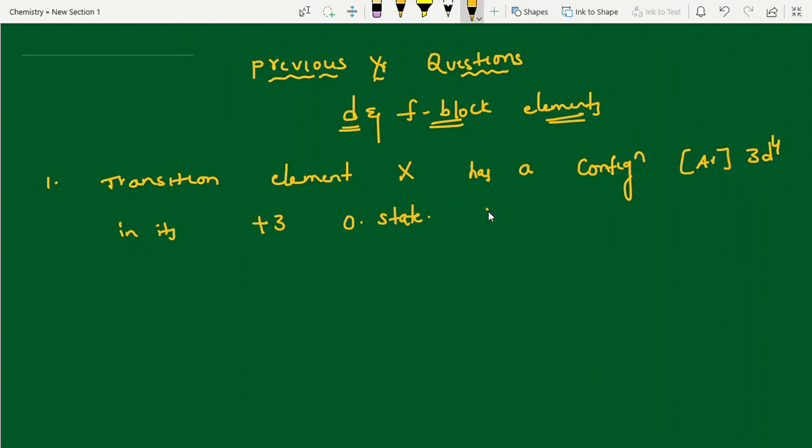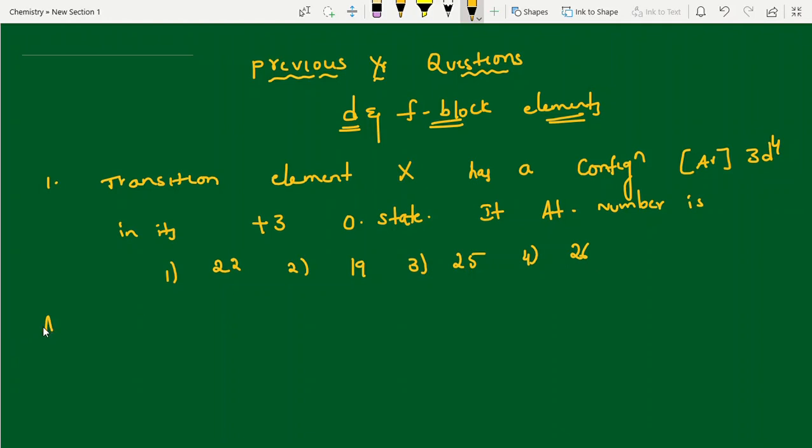So its atomic number is, this is a previous year question, your options students: first one 22, second option 19, third option 25, fourth option 26.